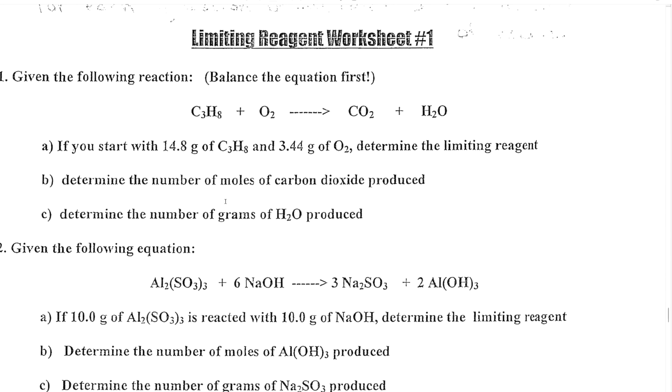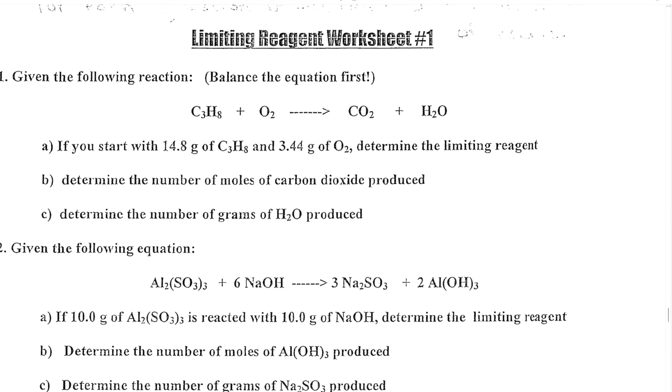But if I look ahead here, I'm being asked about the moles of carbon dioxide produced and the grams of water produced. So the one that's talking about grams is probably the one I would choose. So when I do this step here, compare the 14.8 grams of propane, I would go to grams of water, and the 3.44 grams of oxygen, I'd go to grams of water, because then I'll have done all the work I need to answer part C.